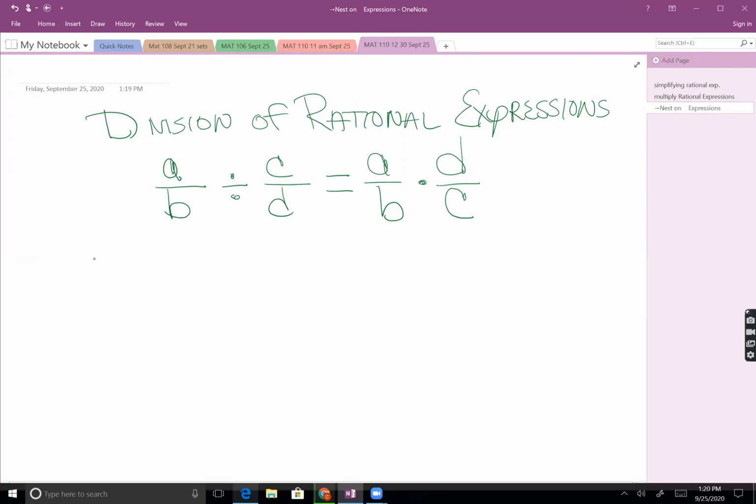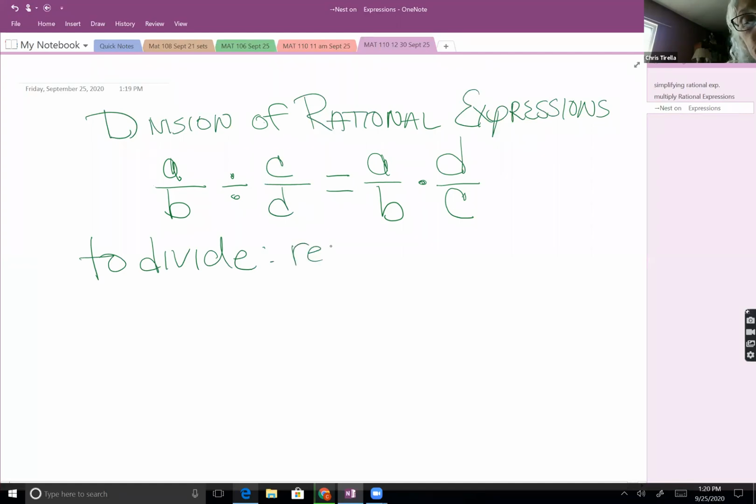So to divide, what we're going to do is rewrite it as multiplying by the reciprocal.